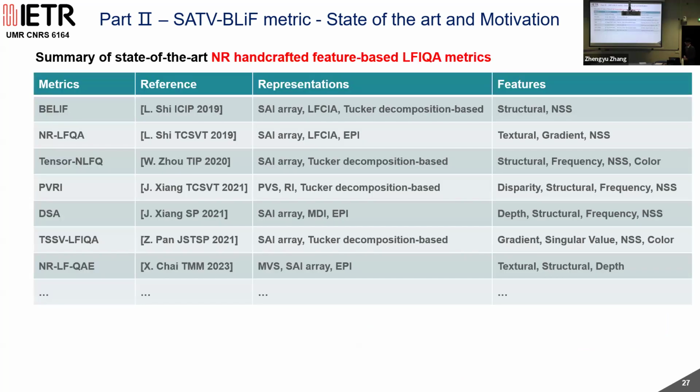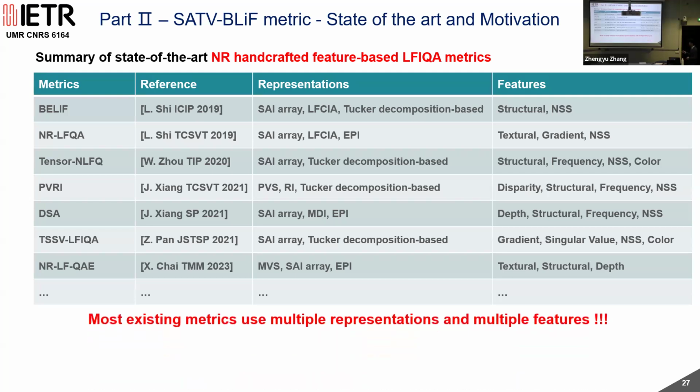And further, we summarize the representations and features used in the state-of-the-art no reference metrics. We can clearly see that most existing metrics use multiple representations and multiple features for quality assessment.